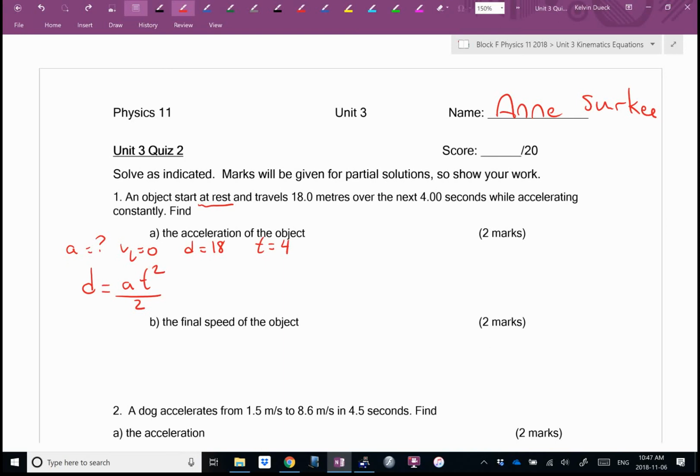What am I trying to get by itself, Chris? How would I move the T squared over? How would I move the 2 on the bottom over? What's the 2 doing to the A? So if I hear you correctly, you're telling me A is going to be multiply the 2 and divide the T squared?